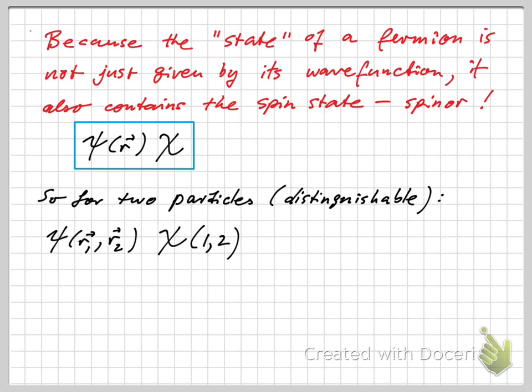We have basically what we had before, psi of r1 comma r2, which is the spatial part of the wave function, and then we also have this two-particle spin state, which I'm just labeling chi of 1 comma 2. So here is my combined two-particle wave function that is now also including spin.